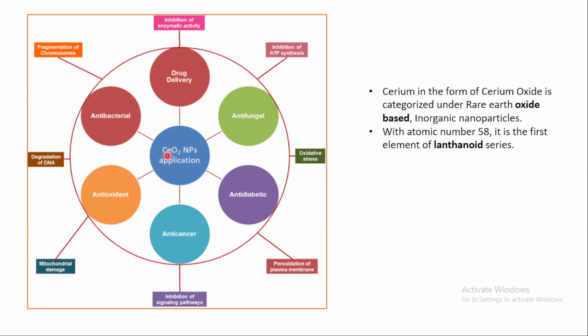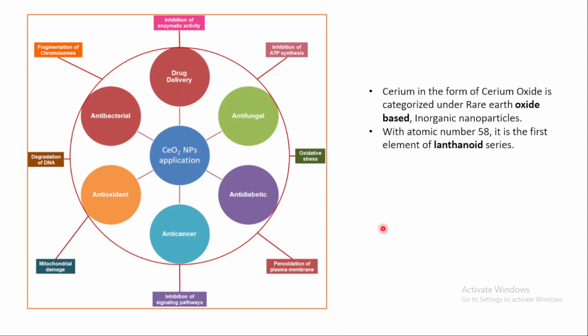Similarly, cerium oxide nanoparticles can carry antioxidant to counter the mitochondrial damage, and it can also cause degradation of DNA in pathogens like bacteria and fungus. So these are some of the applications of CeO2, cerium oxide nanoparticles, which is one of the rare earth metal based oxide nanoparticles.